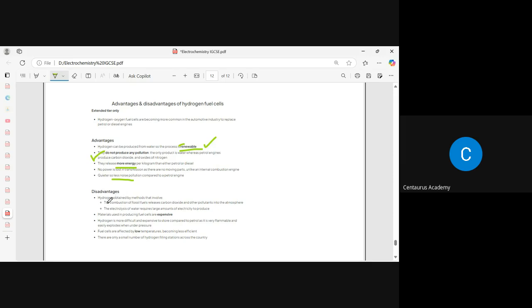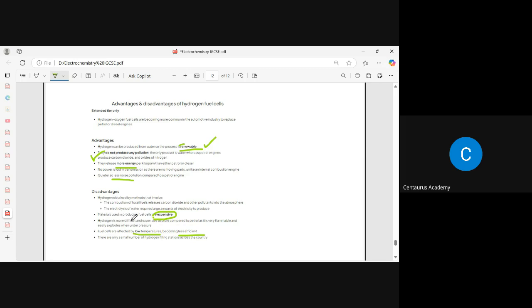However, there are certain disadvantages of this hydrogen oxygen fuel cell, and that is that the materials which you use are very expensive, and to conduct this whole process, obviously you also require larger amounts of energy. These fuel cells are affected by lower temperatures, which makes them less efficient at lower temperatures.